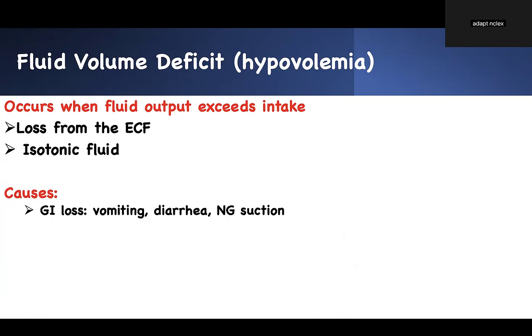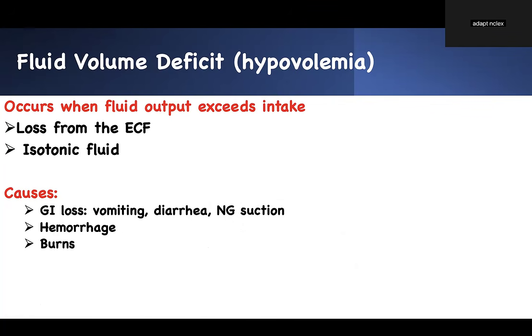GI loss, diarrhea, vomiting. If I put an NG tube in, I'm sucking fluid out of you. That's a problem. You're losing isotonic fluid, like that of plasma. If you're bleeding, you can lose blood and plasma at the same time.